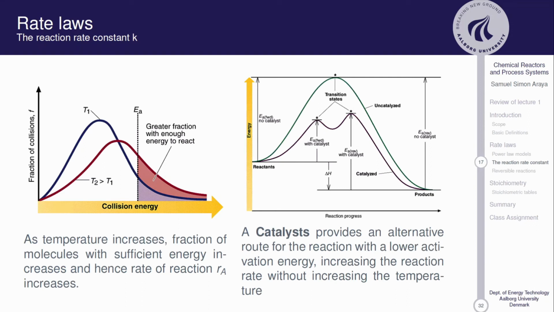We can do this without increasing the temperature, and the way we do that is by using catalysts, because catalysts provide alternative routes for the reaction. This alternate route usually has a lower energy barrier, or a different pathway towards products.